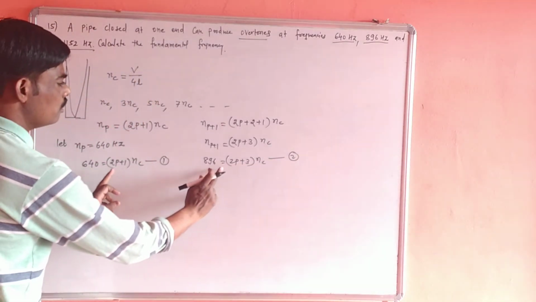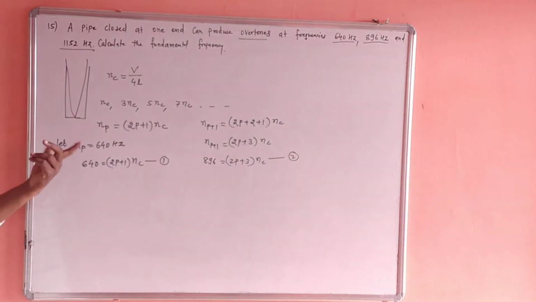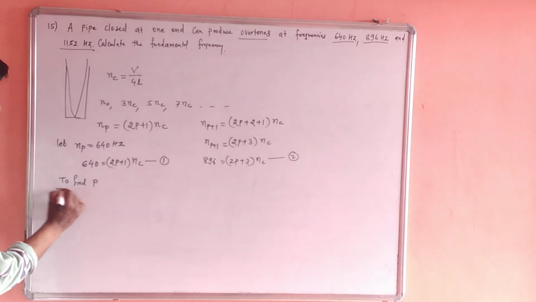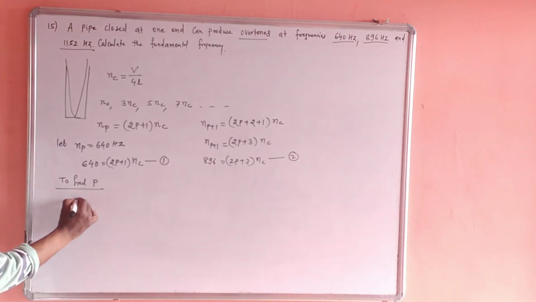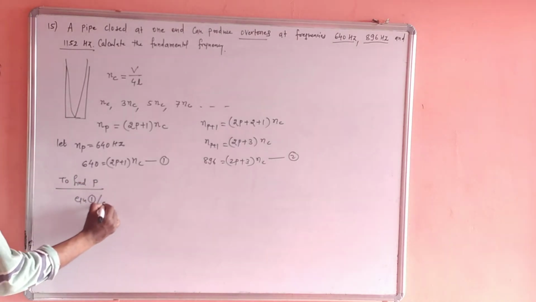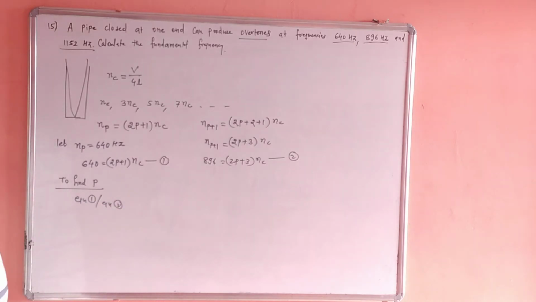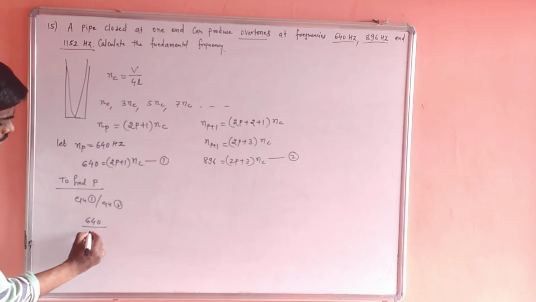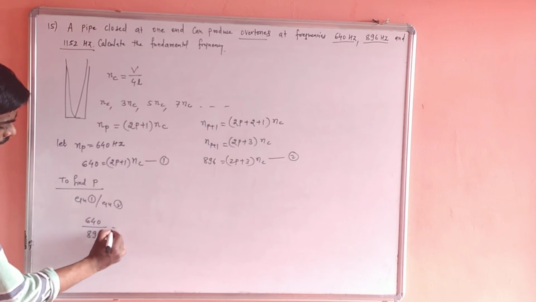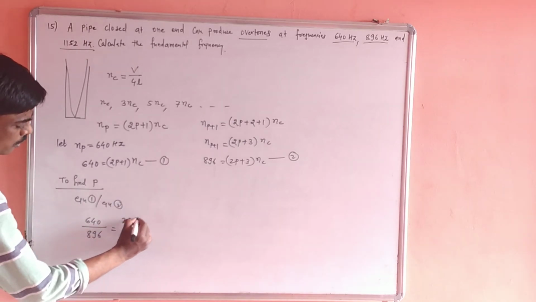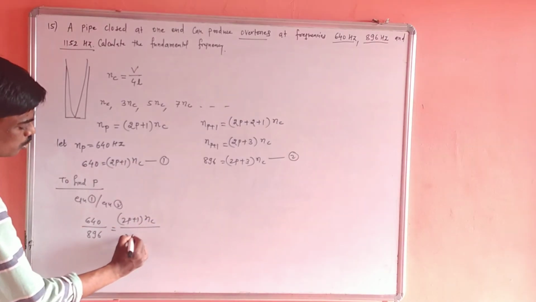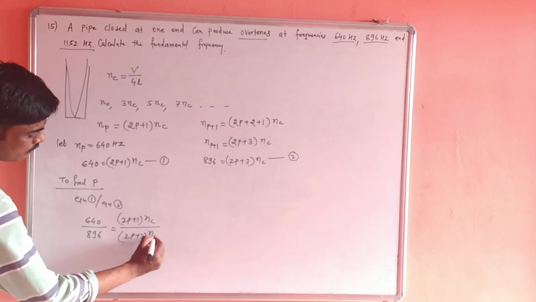So by solving these two equations, we can find out the value of P. To find P, equation 1 divided by equation 2. Do this division. 640 upon 896 equals 2p plus 1 times NC upon 2p plus 3 times NC.